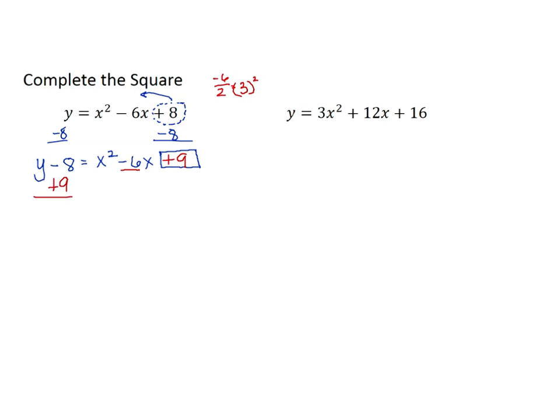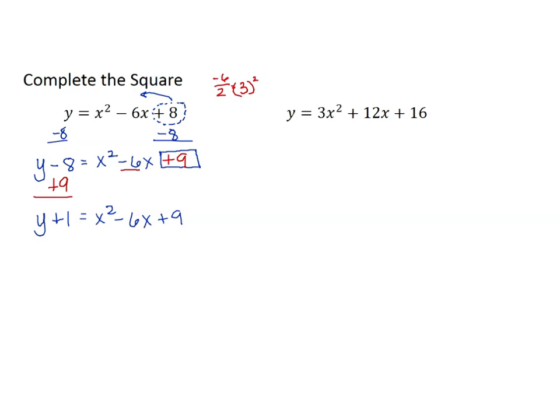So now on the left side, I can combine like terms, and I get y plus 1, because -8 plus 9 is 1. On the right side, I have my perfect square trinomial.